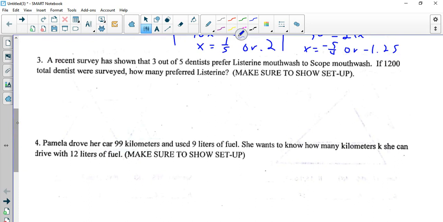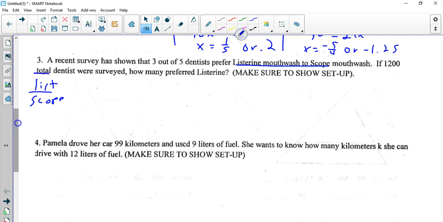Okay. Again, this helps set up a word fraction. And at first when you read this, it says they prefer Listerine to scope. So you might say, oh, that's going to be Listerine over scope. But then reading further, it says if 1,200 total dentists were surveyed, how many preferred Listerine?